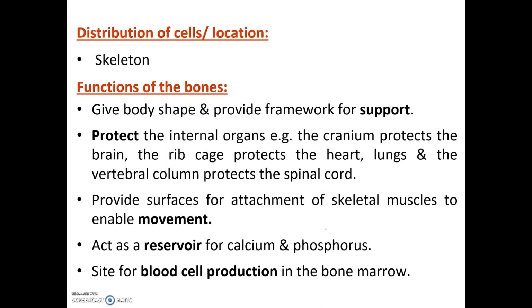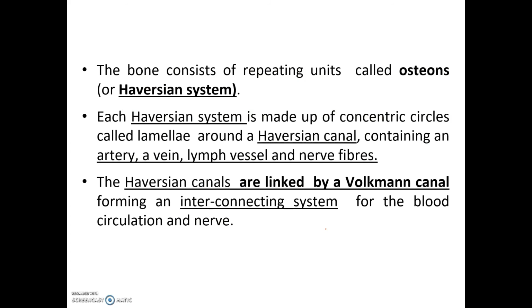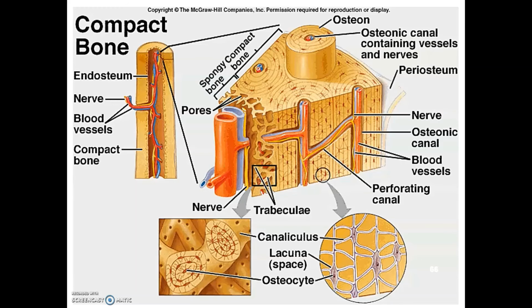Okay, so we can see the structure here. The bone has the osteon, which I mentioned just now. This osteon has many layers of lamella. Inside the lamella, you have the structure here, which is called lacuna. Inside the lacuna, you have the bone cell, and the lacunae are connected by the lines here, which are the canaliculi.